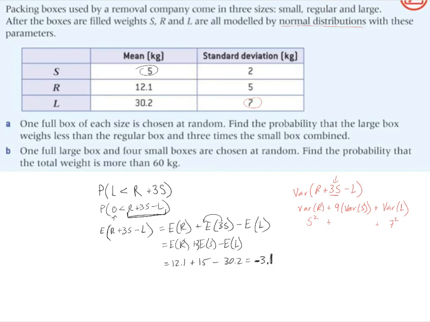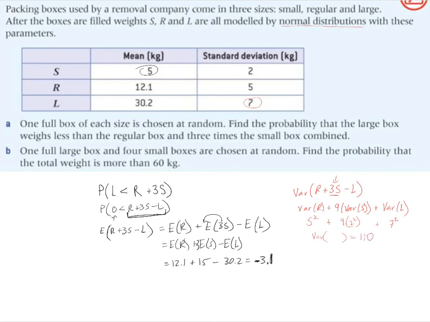Then we've got 9 times the variance of S. The variance of S is 2 squared, and then times 9. And so we get our final variance of the combo, which is equal to 110. You can check that out.